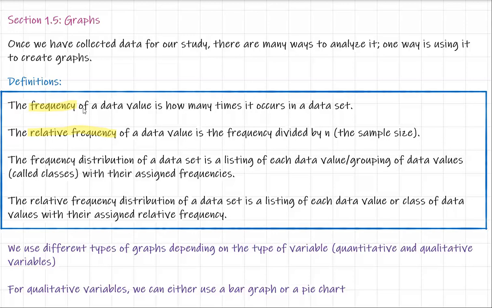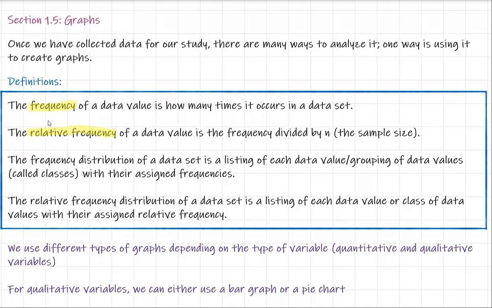If I did a study on everybody's favorite fruit, my data value isn't restricted to just numbers. It can be any of the categories in your qualitative study, when we use descriptions or characteristics as our variables. If I'm talking about everybody's favorite fruit, then oranges can be a data value, apples can be a data value. We're talking about how many times these data values occur in a data set, okay?